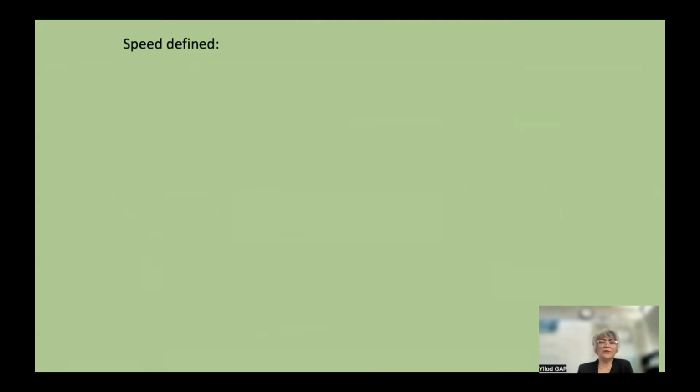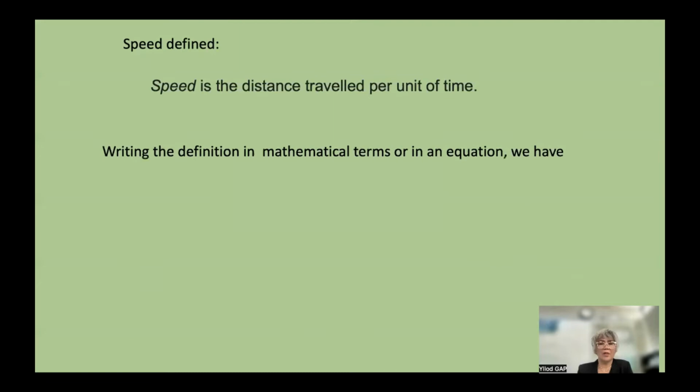Now let's first define speed. The definition is, speed is the distance traveled per unit of time. If we're going to write that definition in terms of an equation or formula, then we're going to have this.